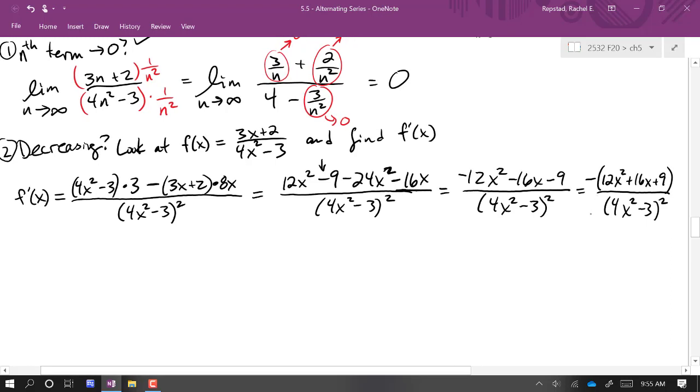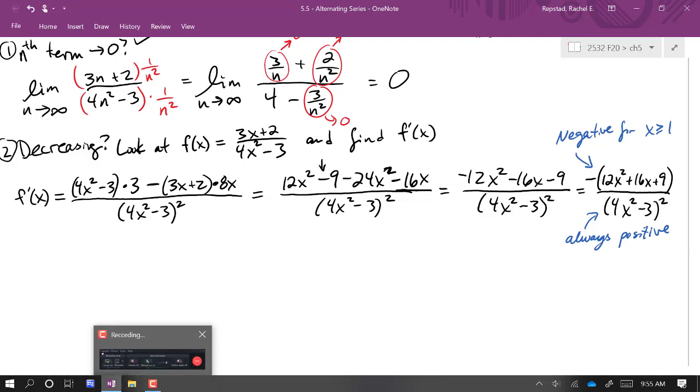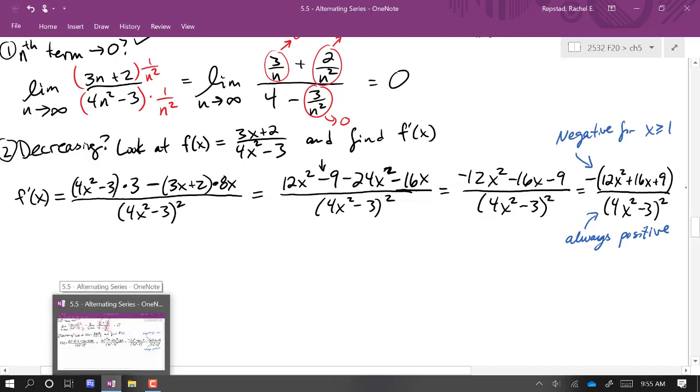And we should note that the bottom, we're squaring some stuff, so that is always positive. And the top is always negative for values of x that are greater than or equal to 1. We can get confirmation of that. One way is to throw it in a graphing calculator and see.